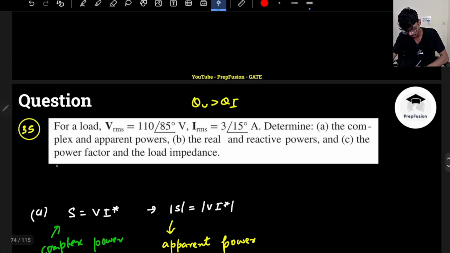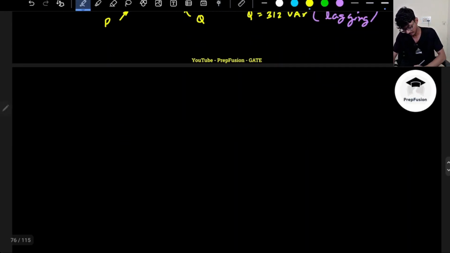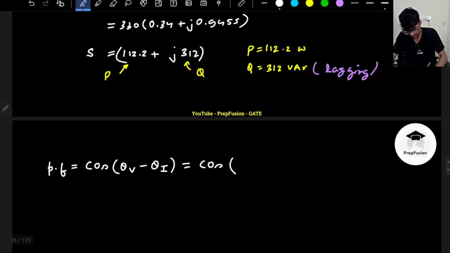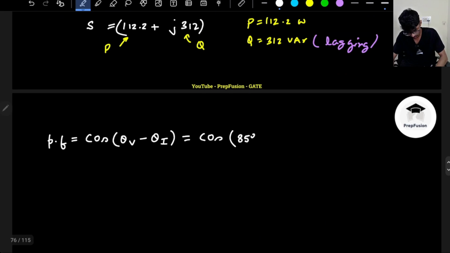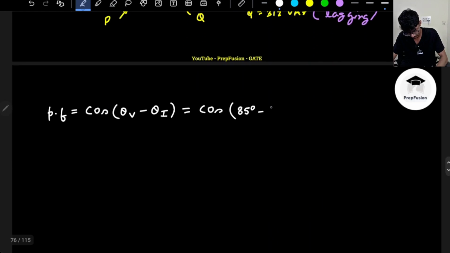Next part is they are asking for the power factor. As everything is defined in phasors, the assumption is they are at the same frequency and it is a single frequency component. So power factor is determined by the angle between the voltage and current. Power factor PF is equal to cos of theta v minus theta I. So theta v is 85 and theta I is 15.